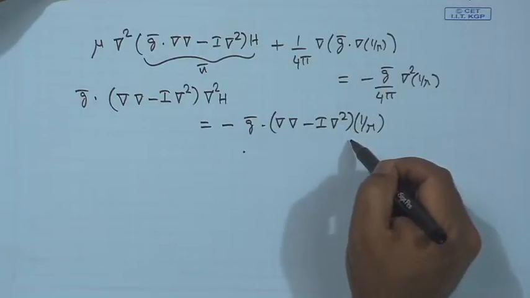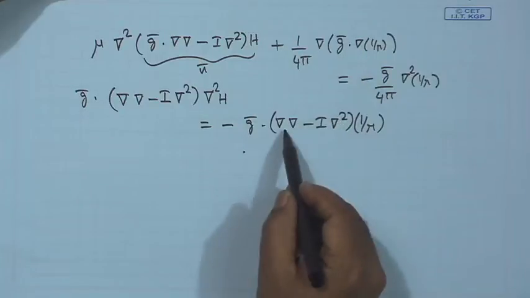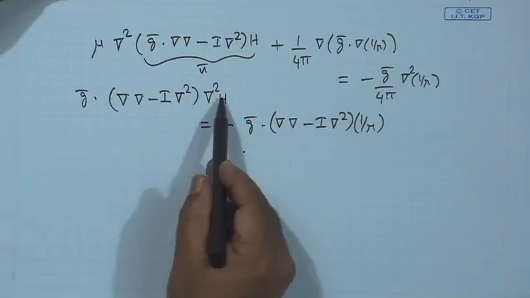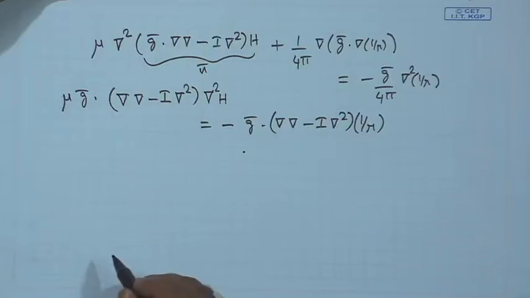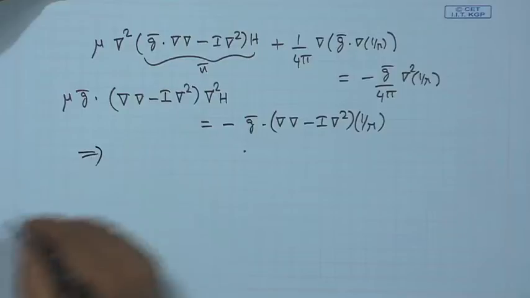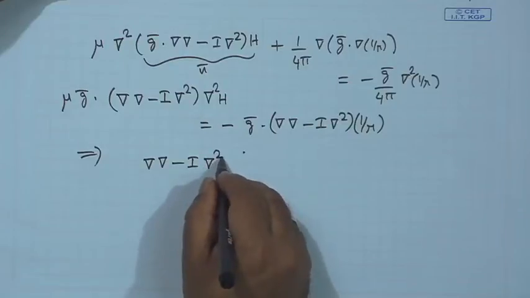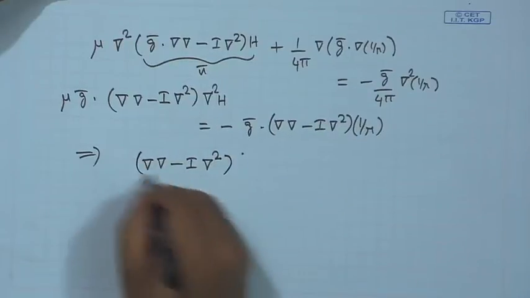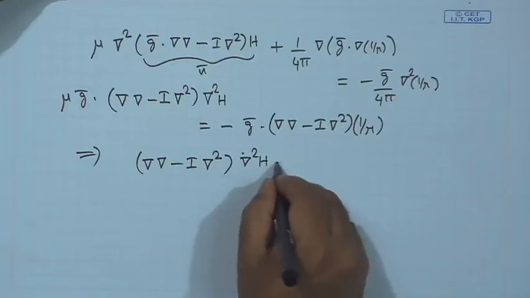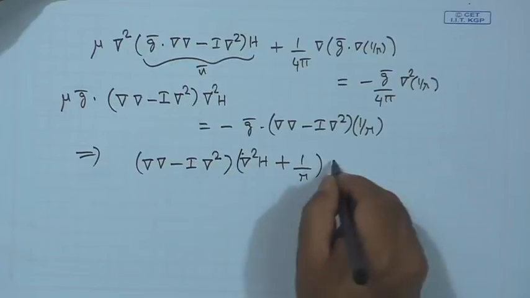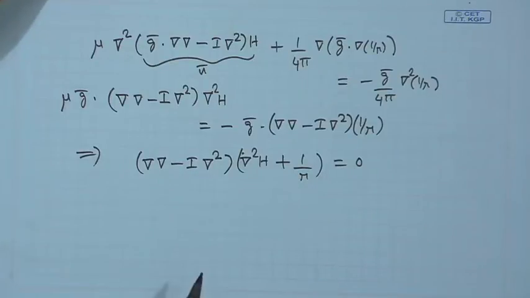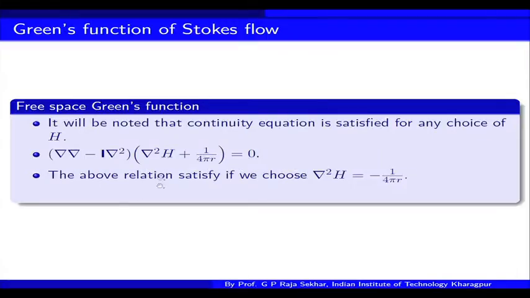So, this can be expressed like this, and this already I have indicated in dyadic notation, and this we have commute. There will of course be a mu there. So, from here what we get is this operator plus 1 over r equals to 0. That is what exactly we are showing, and this above relation is satisfied if we choose del square h equals minus 1 over 4 pi r.